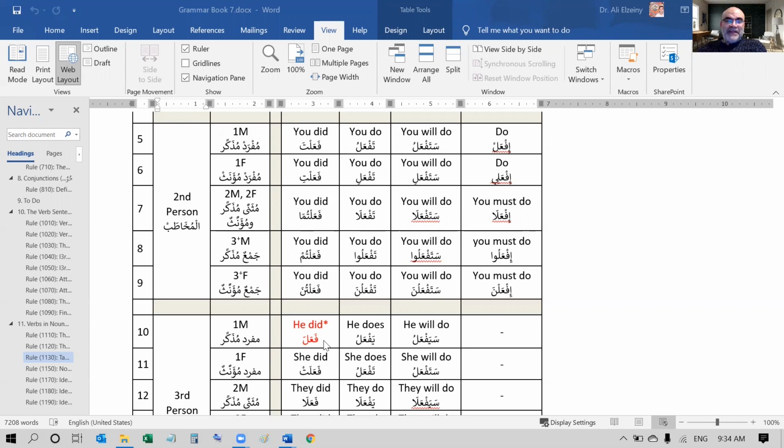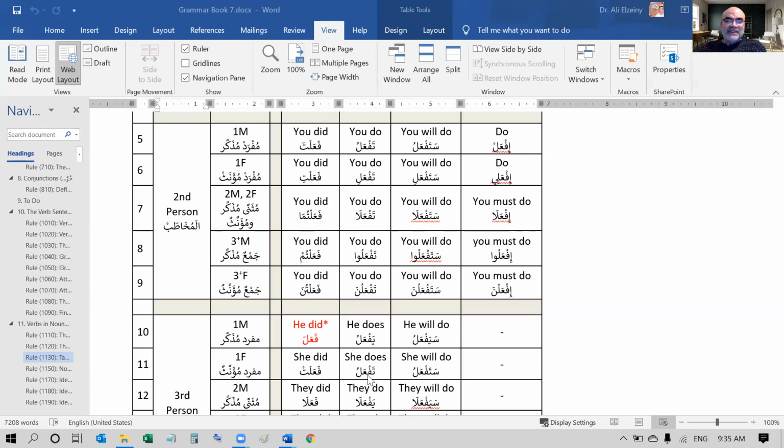If we want to convert to one female, then fa'ala becomes fa'alat. So the verb zara'a, for one female, is going to be zara'at.